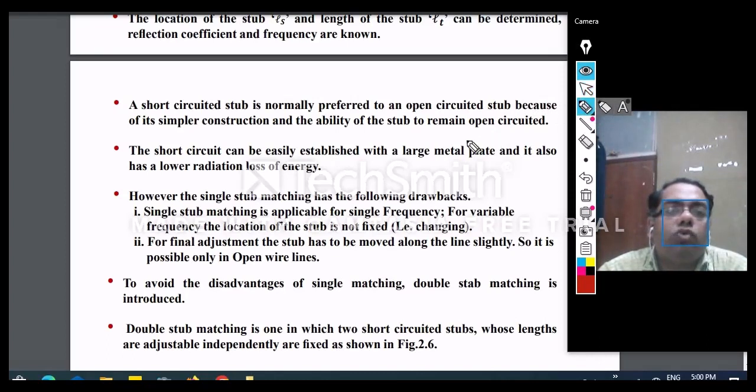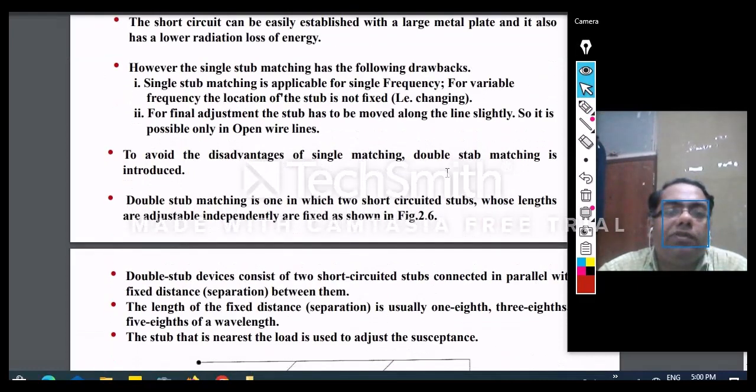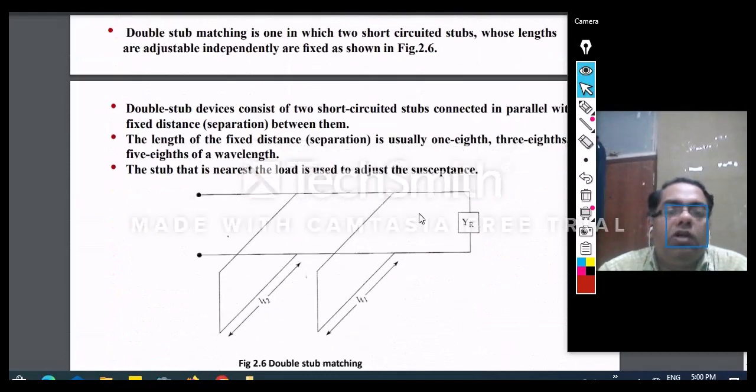If you keep the stub open, then there may be a radiation problem. So short is generally preferred compared to open.